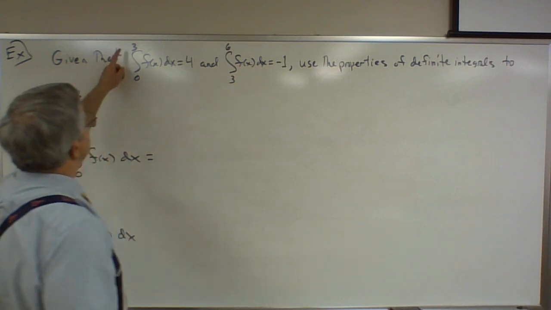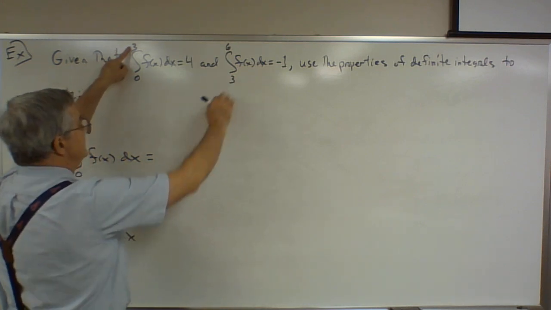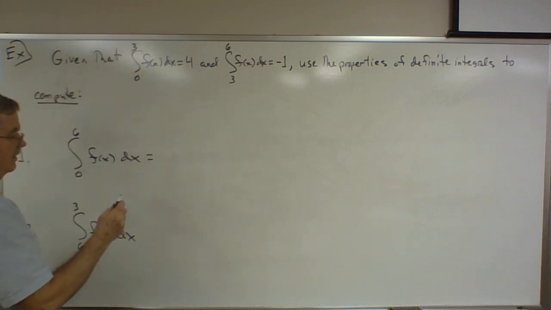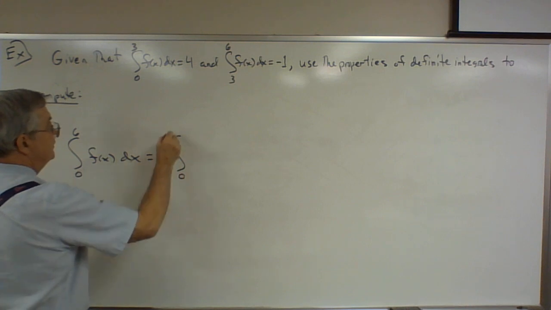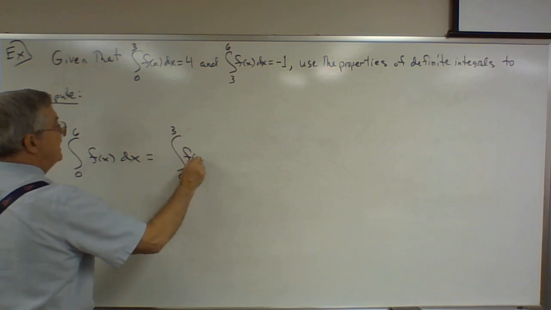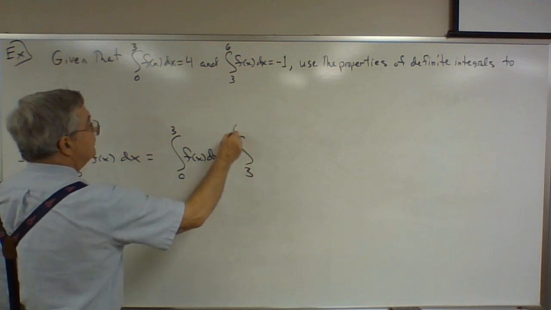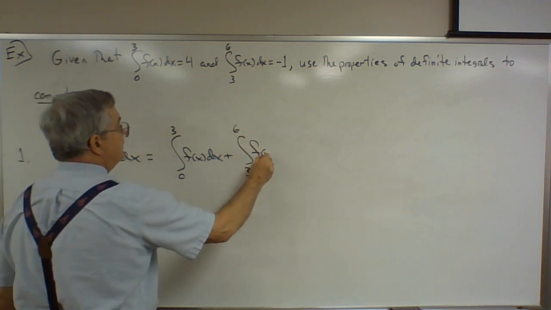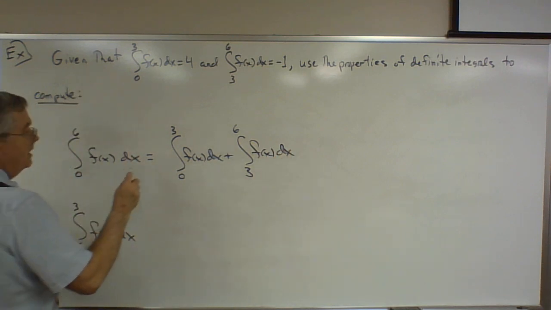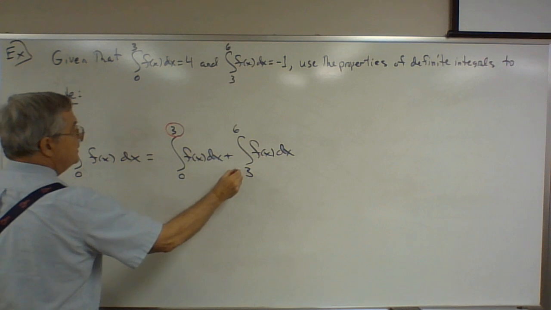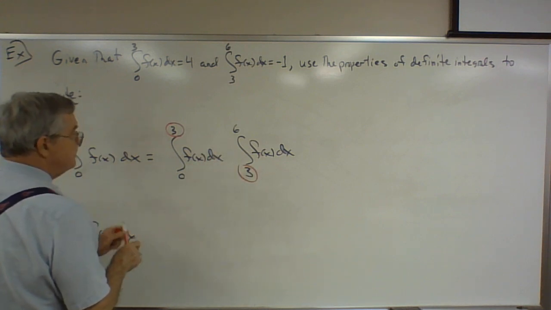Notice that the upper limit of the first is the same as the lower limit of the second. Oh my goodness, let's see. 0 to 3 f of x dx plus 3 to 6 f of x dx. And you know what happens when we add them together?